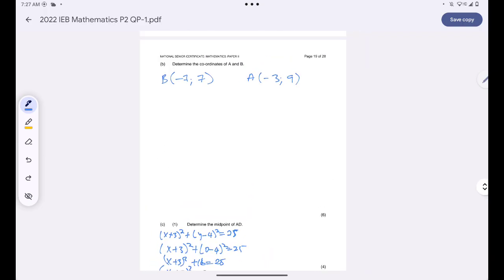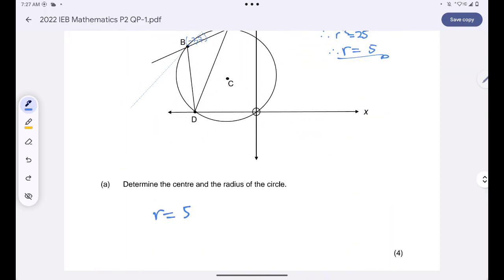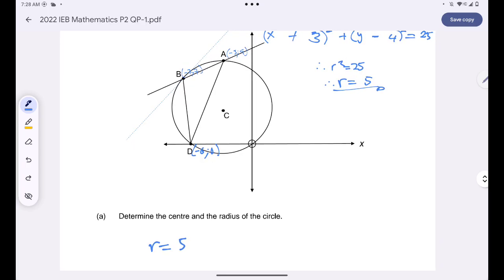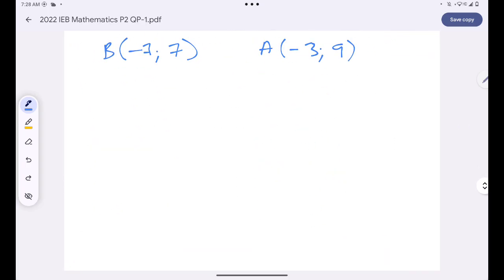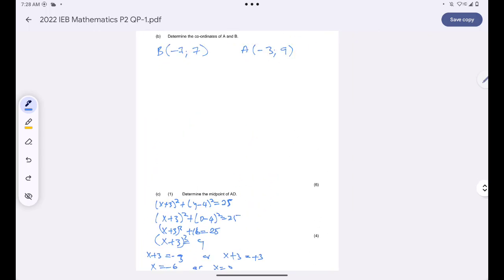And it does make sense, because my circle cuts the x-axis at the origin and when x is negative 6. So the coordinates of D are negative 6 and 0. Coordinates of A are negative 3 and 9.